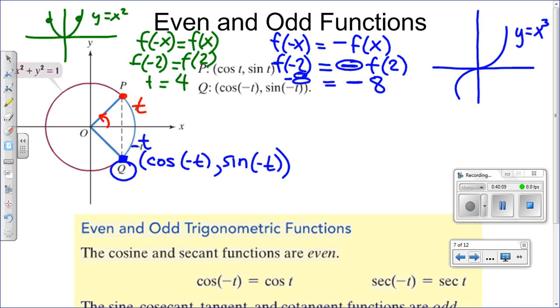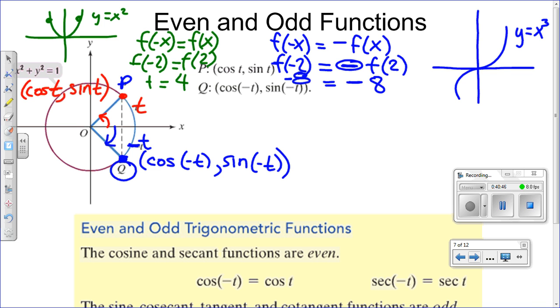The one in blue is negative because it's going in the clockwise direction. You guys remember that? Positive angles go counterclockwise, negative angles go clockwise, like the hands of the clock. Now the coordinates of point P here are going to be, for x, we take the cosine of t, and for y, we take the sine of t.